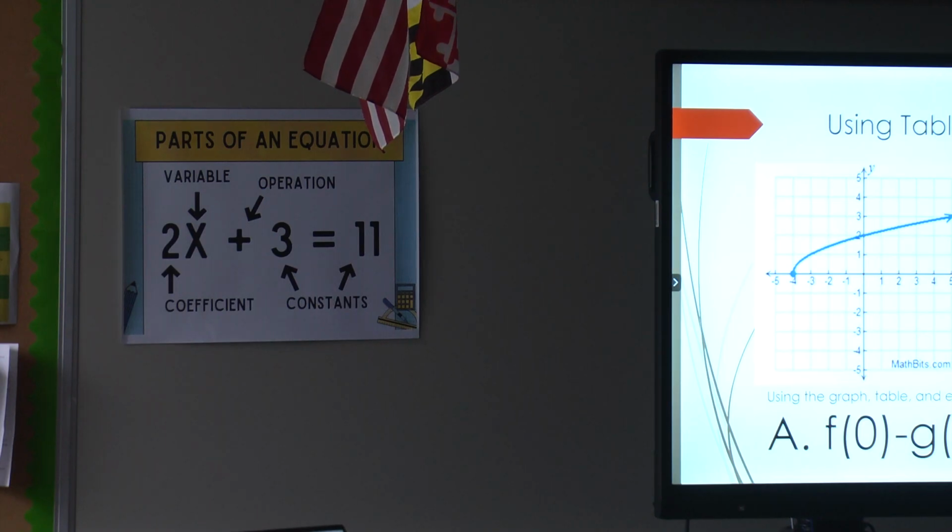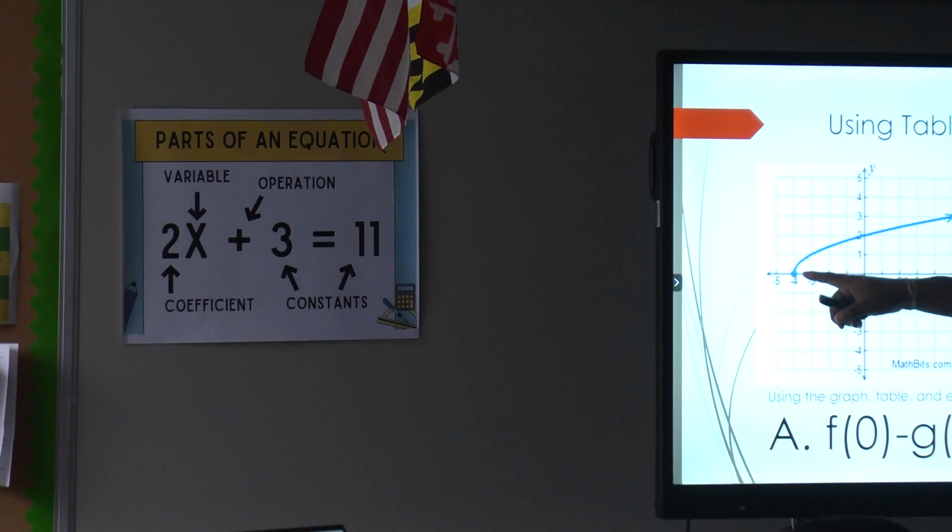That's my starting point. Negative 4x, and it's going up. So then I would say 0 plus 2, because that would tell me from 4 to 2 is my next point. Minus times negative 4.